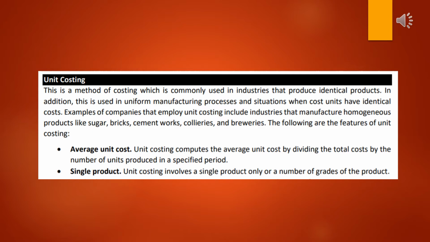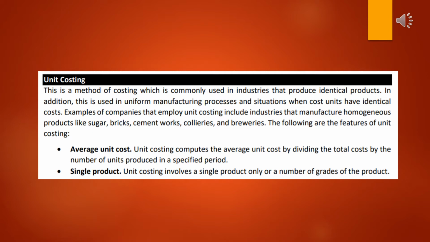Examples of companies that employ unit costing include industries that manufacture homogeneous products, like sugar, bricks, cement works, collieries, and breweries. The following are the features of unit costing. So we have average unit cost.